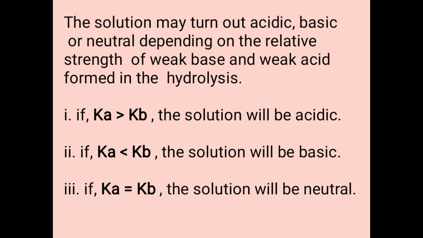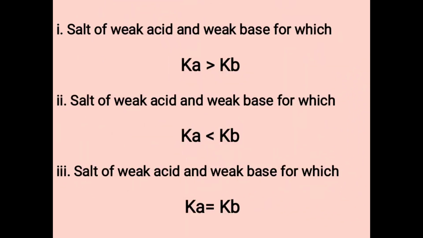So according to the dissociation constants of acid and base, we can classify the solution as acidic, basic and neutral. These three things, Ka is greater than Kb, Ka is less than Kb and Ka is equal to Kb, you should keep in mind well. Now the next part is salt of weak acid and weak base, where both the conditions are weak. Then Ka is greater than Kb, similarly Ka is less than Kb, and Ka is equal to Kb, means this condition can happen in the weak acid and weak base salt.